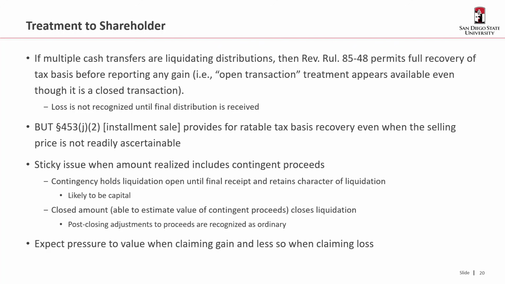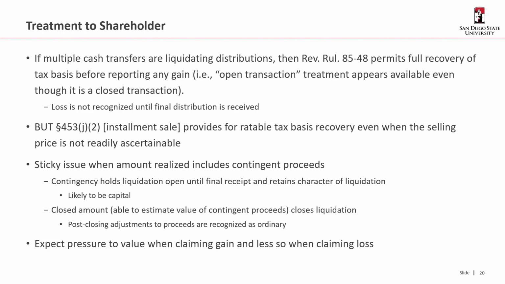So I'm a shareholder receiving proceeds over time, and I'm likely to be able to treat those as capital, because I'm exchanging shares for that liquidating distribution, in this case distributions. If, on the other hand, I'm able to estimate that amount at the time of the liquidation, then any post-closing adjustments to my estimate would be treated as ordinary.